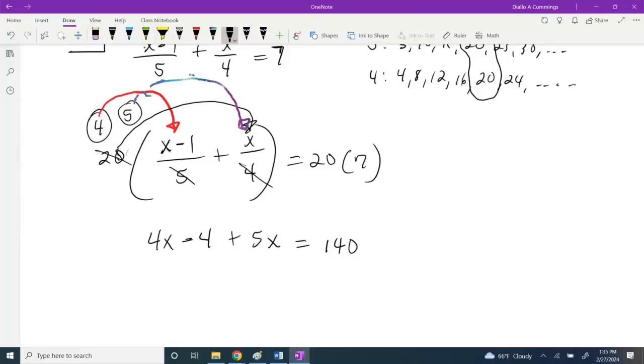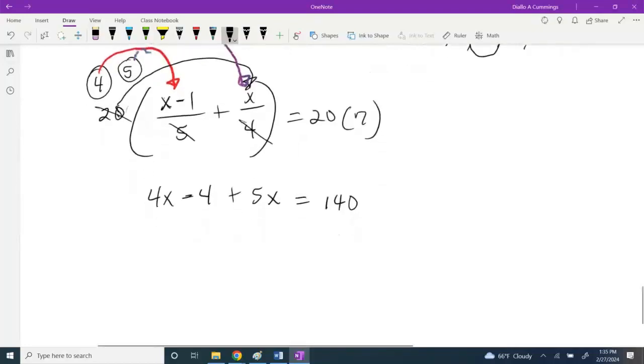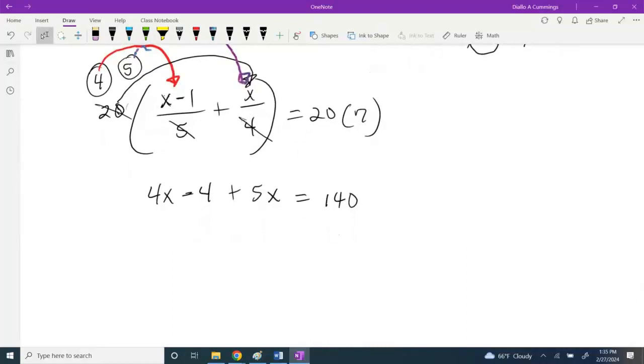So now we're on that third step, and the third step says combine like terms on both sides. On my left-hand side, I have 2 x variables, so 4x plus 5x is 9x. I'm going to bring down minus 4.